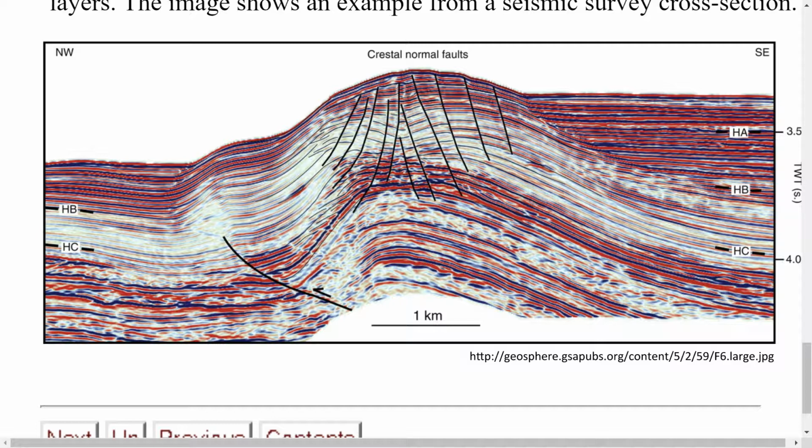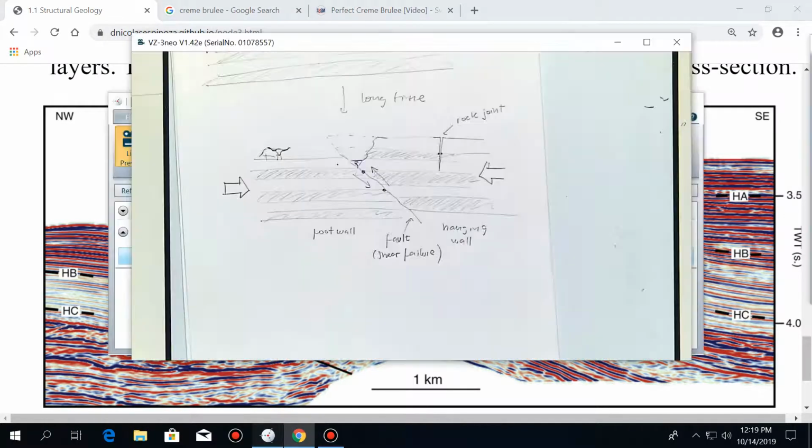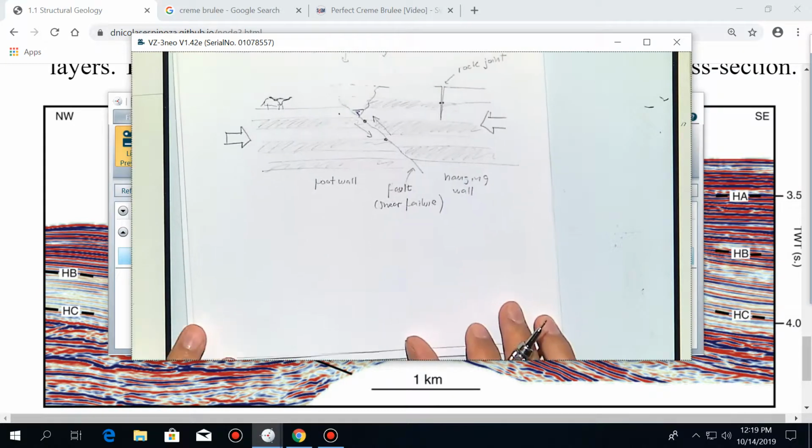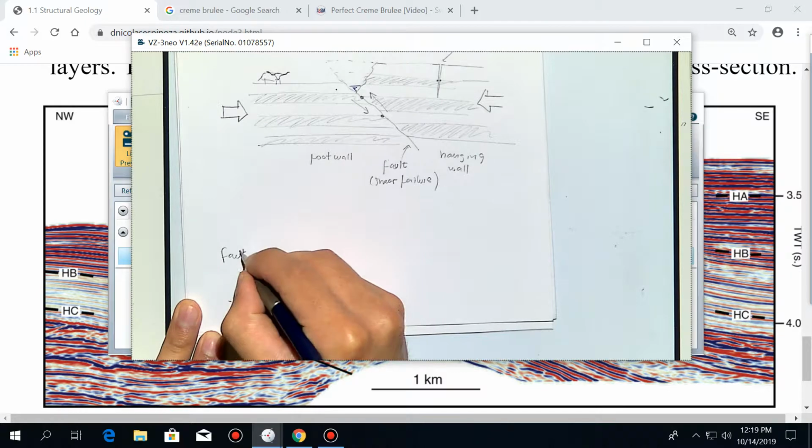However, with seismic, we can recognize faults, but relatively large faults. What do you do with smaller faults? Let me get out of here and just write that down. Any idea?